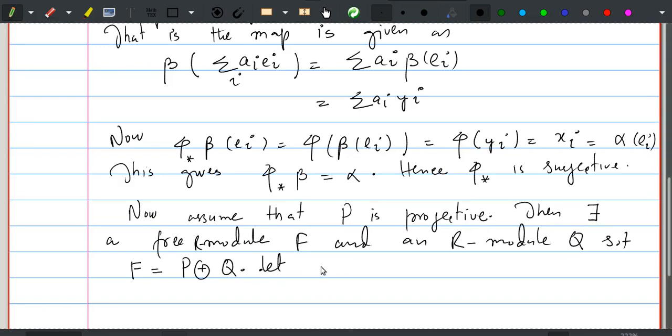Let pi from F to P be the projection map.